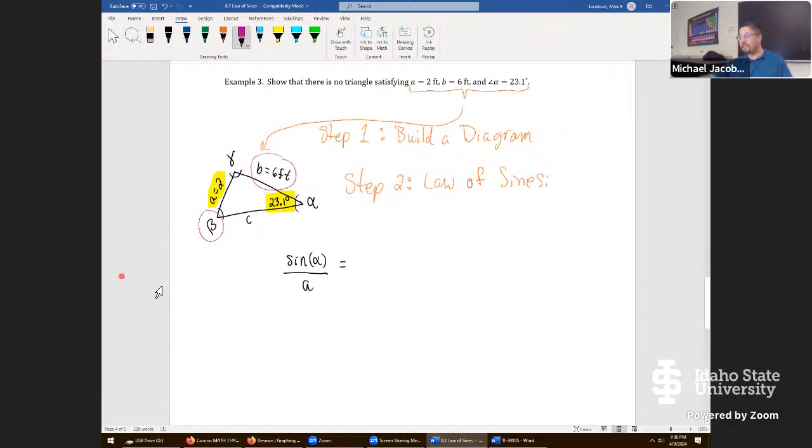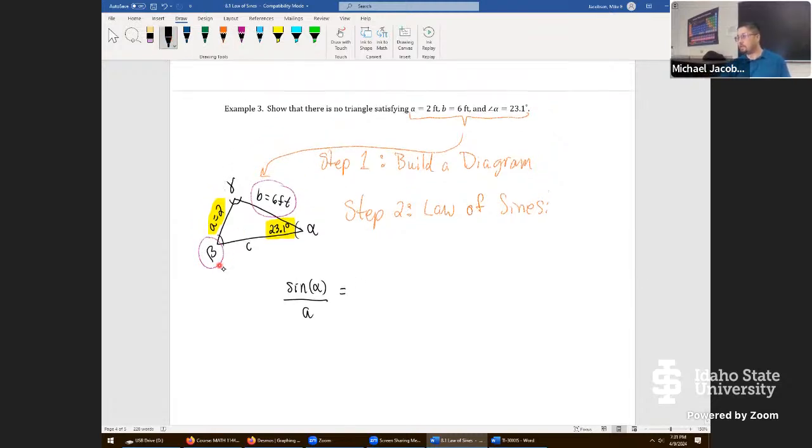The one unknown is right here, and everything else are known values. So we can have a maximum one unknown quantity whenever we're using that equation. So I'll put here for the next step, sine beta divided by B. So all I've done is written down law of sines based off what information we believe we can use. Now let's fill it in.